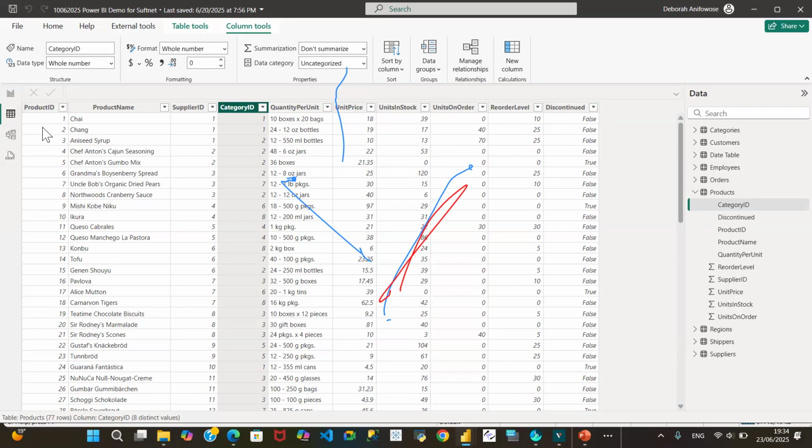I can say that this table is giving me information of the product ID, their name, who supplied them, the category they fall under, how much is in each unit, how much we sell each unit for, how many is in each of the units, if we have reordered any at the moment, the level of reorder that we have made, if there is any, and if we still sell them. Okay.